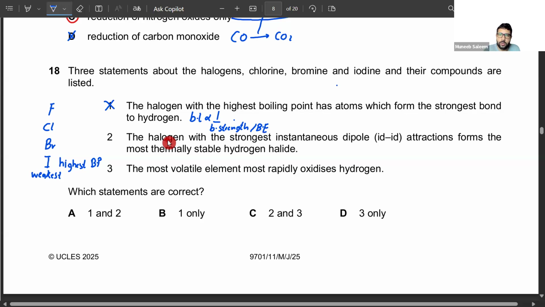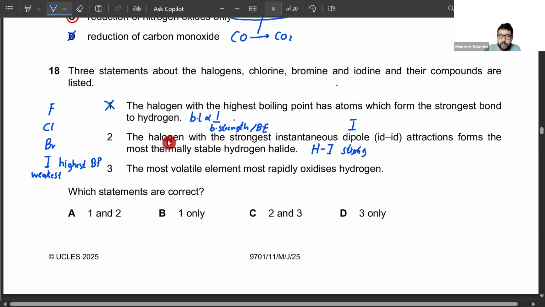Again, iodine has the strongest id-id forces, being the largest in size and having the most number of electrons. And it says the most thermally stable hydrogen halide. That means the hydrogen to iodine bond should be very strong.